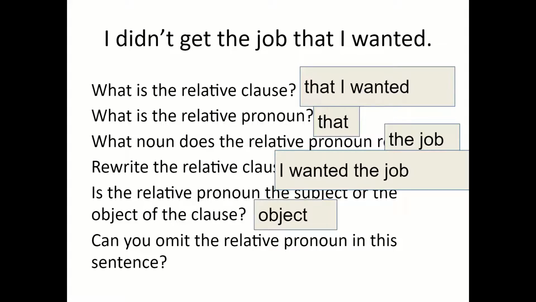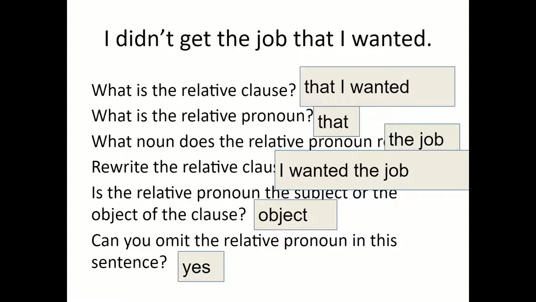So we can actually omit it because you can omit the relative pronoun when it's in the object position. So I didn't get the job that I wanted. Or you could say, I didn't get the job I wanted. And they both are perfectly fine. They both sound perfectly fine.